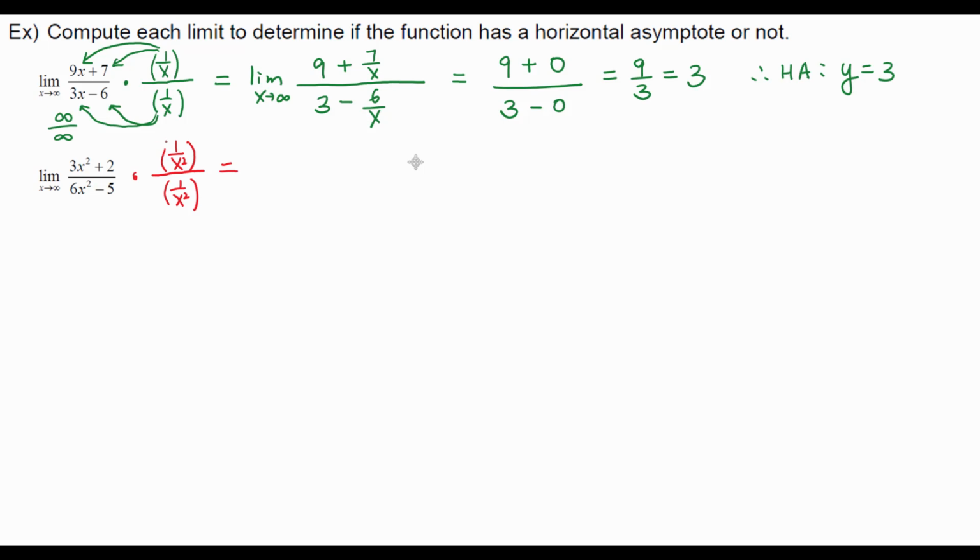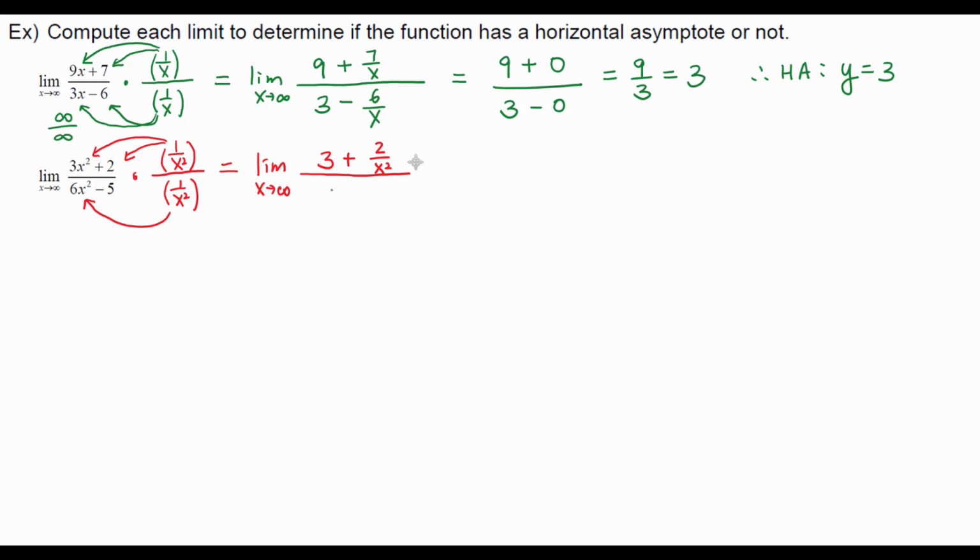So as you distribute first, the x squared terms get canceled. You are going to get the limit as x approaches infinity of the numerator, where my first term becomes 3. And when you multiply the second term, 2 times 1 over x squared is plus 2 over x squared. When you distribute with the denominator, the first term 6x squared times 1 over x squared gets canceled.